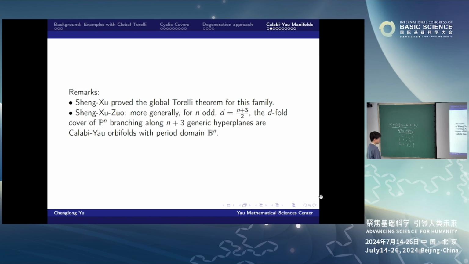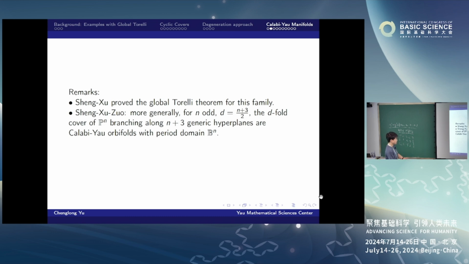So here are some remarks. Zheng and Xu proved the global Torelli for this family, essentially borrowing the theory of Deligne-Mostow. And Zheng, Xu, and Zuo more generally classified this kind of examples.